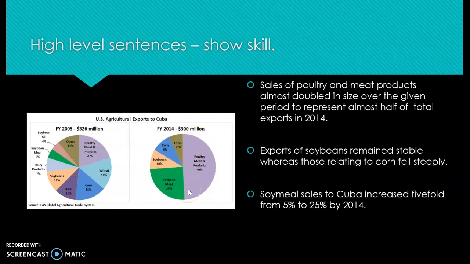Now it's almost half. Exports of soybeans remain stable. That one remains stable. And soy meal sales increased 5-fold. That's the green one from there to there. So I'm using quite nice language there to describe these changes.